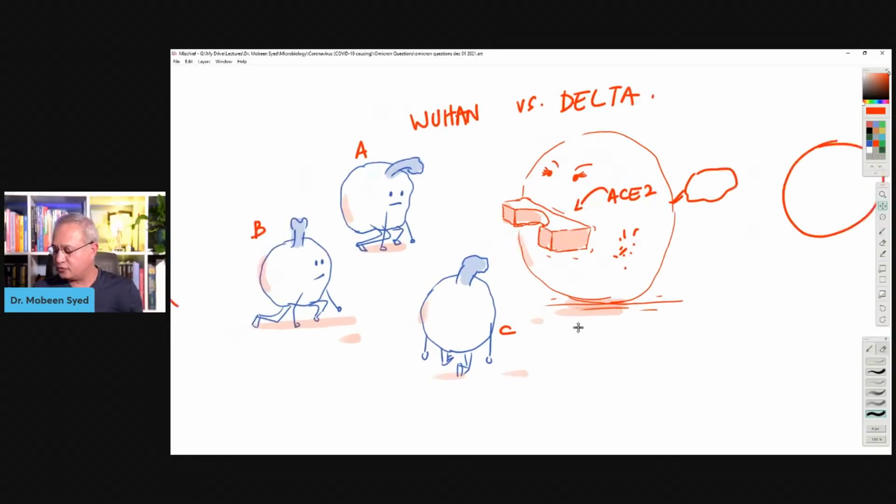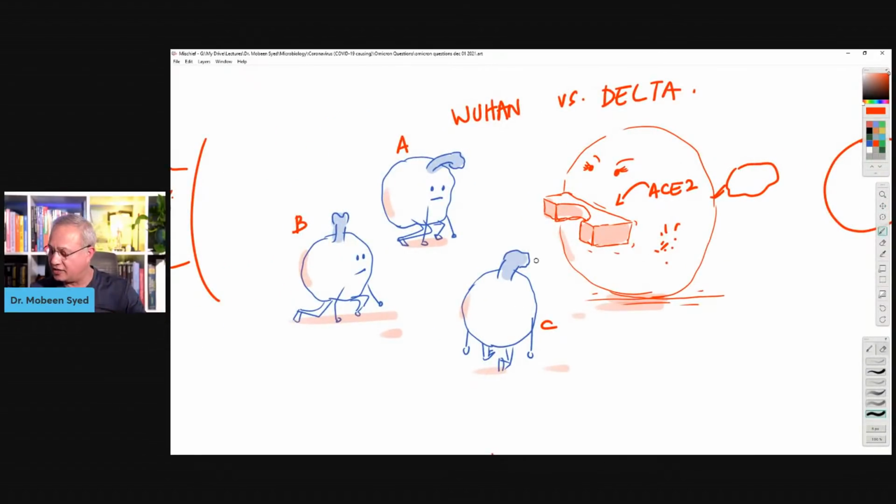For SARS-CoV-2, the two factors that are heard are, number one, the affinity to ACE2, and number two, the capability to escape the antibodies. Now, one final beautiful point here. The Beta variants were actually more affine than Delta for ACE2, but they could not take over.